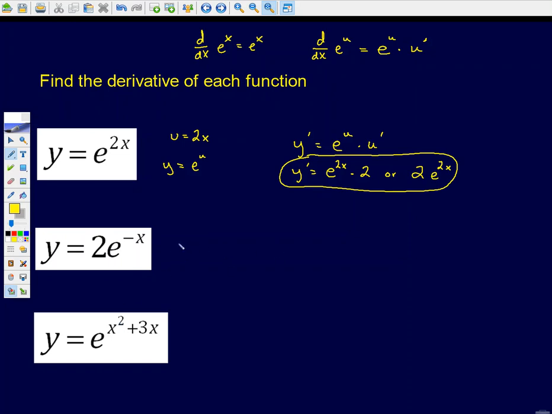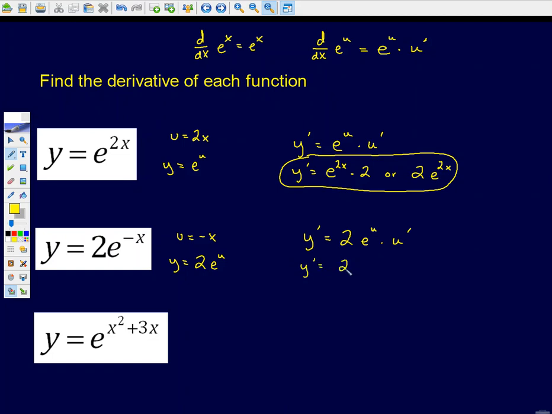So in number 2, I would let u equal negative x, and then the main function is 2e to the u. This is just a constant multiple, which does not affect the derivative at all. So y prime is 2e to the u times u prime, and we fill it all back in.